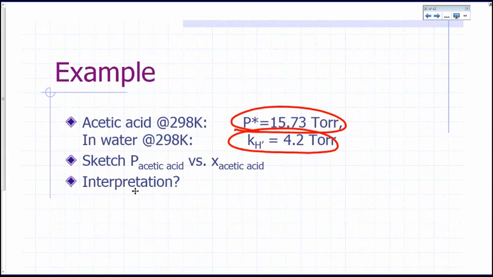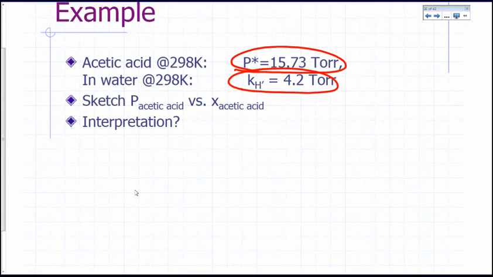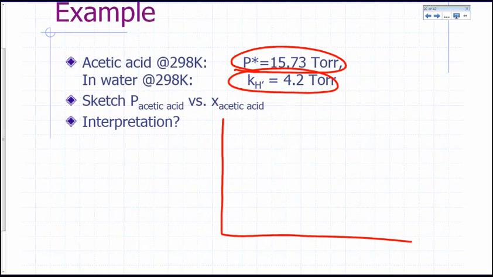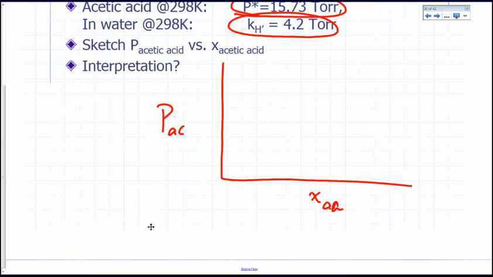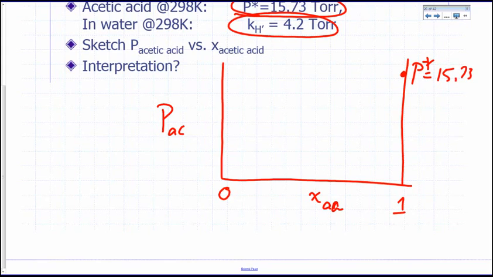Let's see what that would look like if we were to sketch the vapor pressure of acetic acid versus mole fraction of acetic acid, from 0 to 1. When it's pure acetic acid, your vapor pressure is equal to 15.73 torr. If Raoult's law were to be valid, it would look like that.